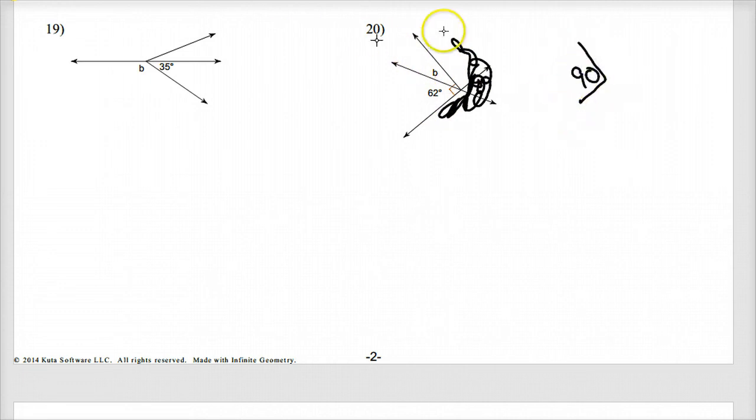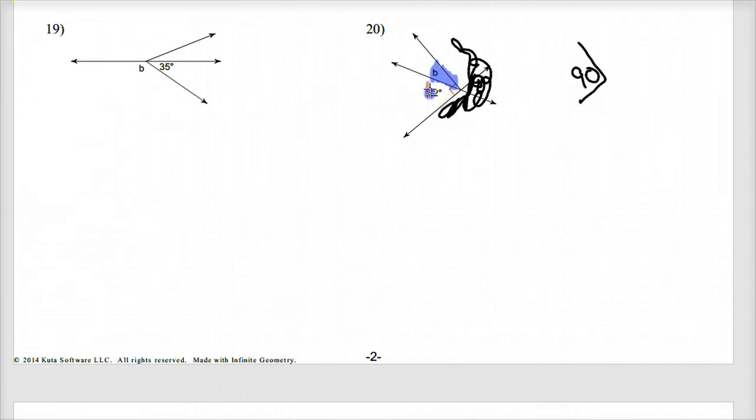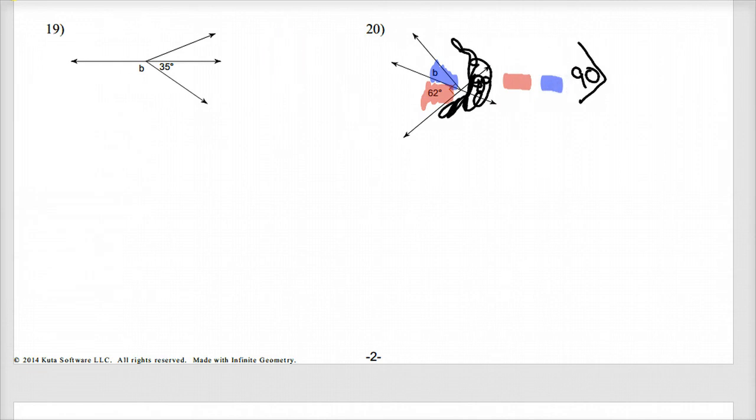So if I were to kind of look at this as kind of in parts, let's say this blue, and then how about some red? So the blue plus the red equals 90. It's kind of what we're going for. So the red is 62, and the blue is just B.